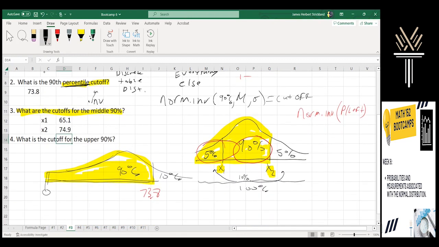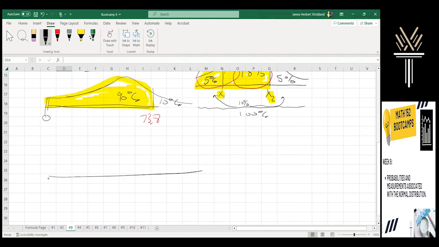This last one is similar to the first one, except they're saying to start on the upper side. That means if I draw my distribution, we're going to claim that this is the 0, and we're going to go 90% in this direction. So 90% over here. But again, Excel doesn't want the probability on the right. Excel needs the probability on the left.